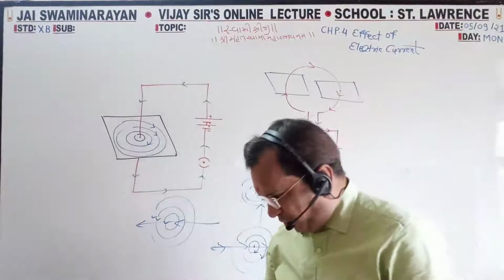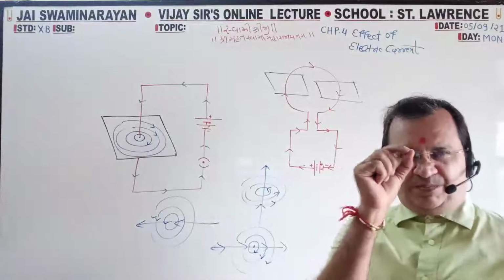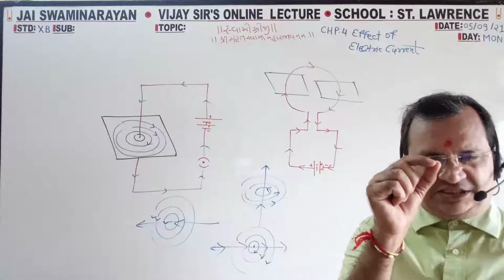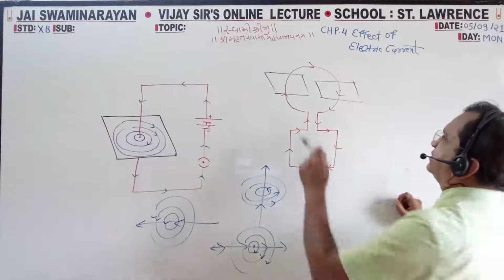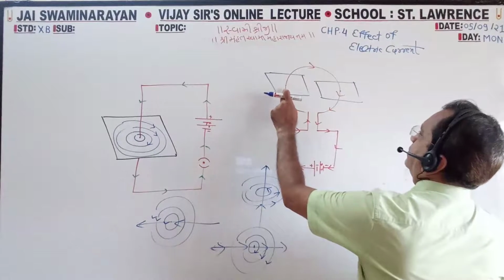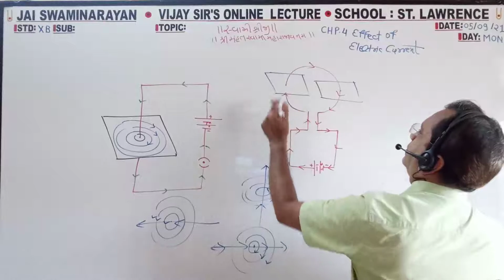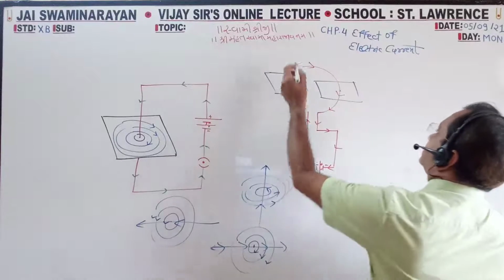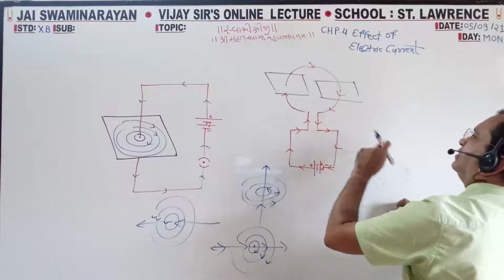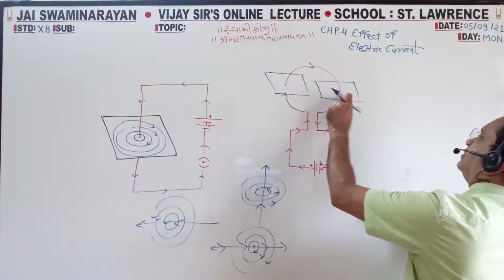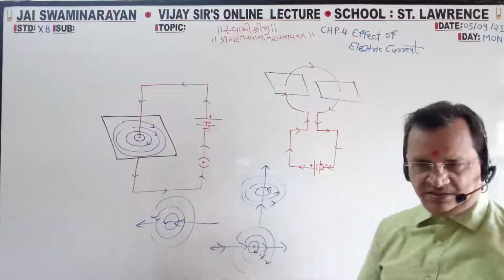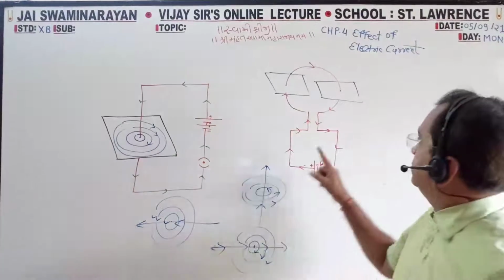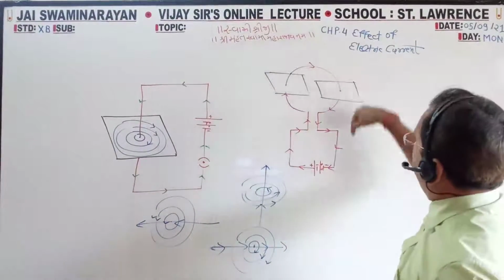Through two papers, at that center point, there are two holes, and the wire will pass through them. This will pass like this. Like this. Now you can understand. From here like this, from here like this.